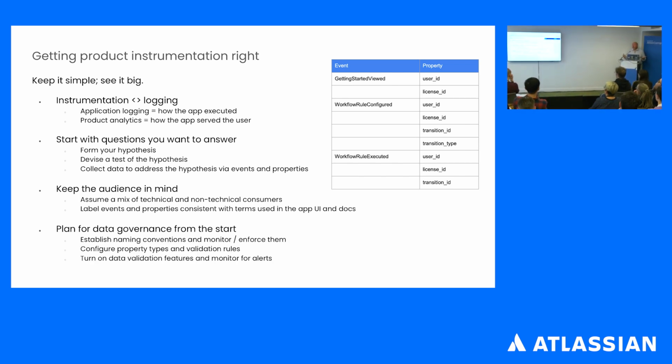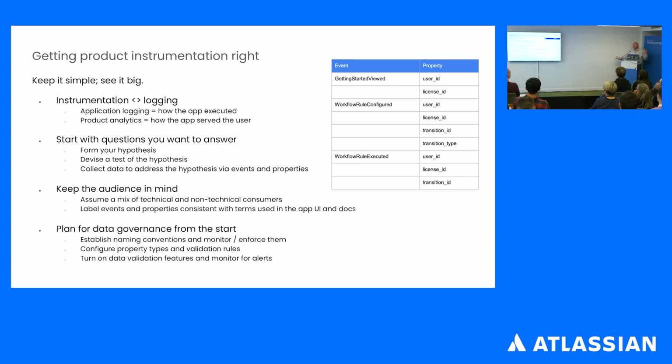And then plan for data governance from the start. If you were to Google me and look at the webinars and things that I've done, I pretty much talk about data governance constantly. Nikki can tell you how hardcore my team is about data governance. Keep your naming conventions. Decide on a convention, stay with it. When you have property types, decide what type they should be.